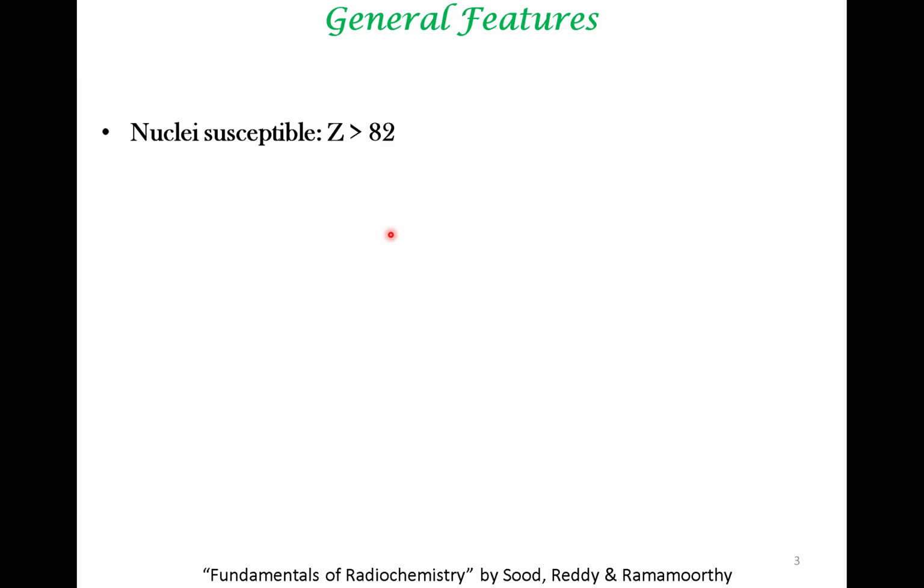Typically, alpha decay is observed when the atomic number is greater than 82. And here I'm emphasizing again, there is an energetic driving force for decay. There is Q, there is an energy release. It's an exothermic reaction. And you can get to the nature of alpha decay, that it contains positive charges and so on, by applying a magnetic field. In a magnetic field, you will have a circular path.